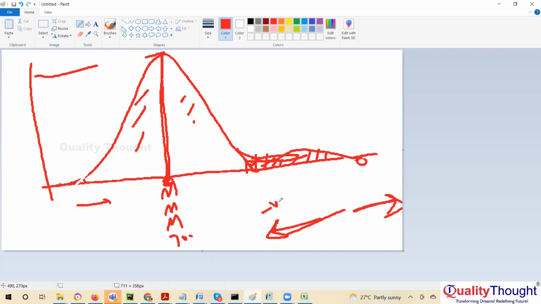So the tail is going towards the right, isn't it? Since the tail is going towards the right, we say it is positively skewed. It is skewed because the graph is no longer a mirror image. Mirror image means what? If you put a mirror here, you get the same image on this side.